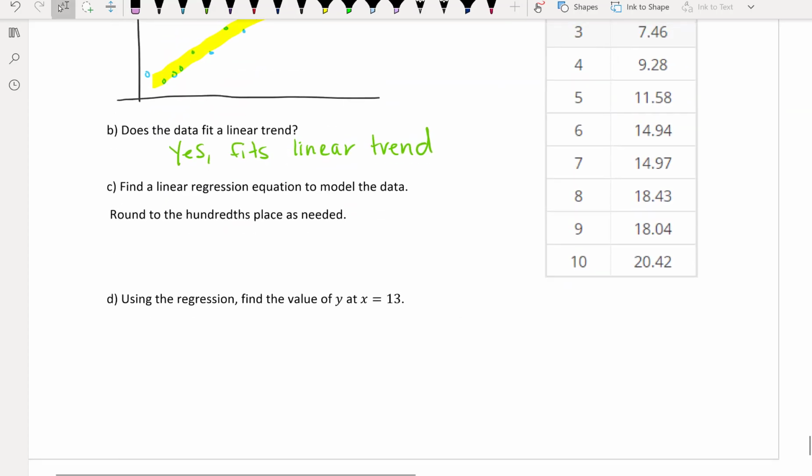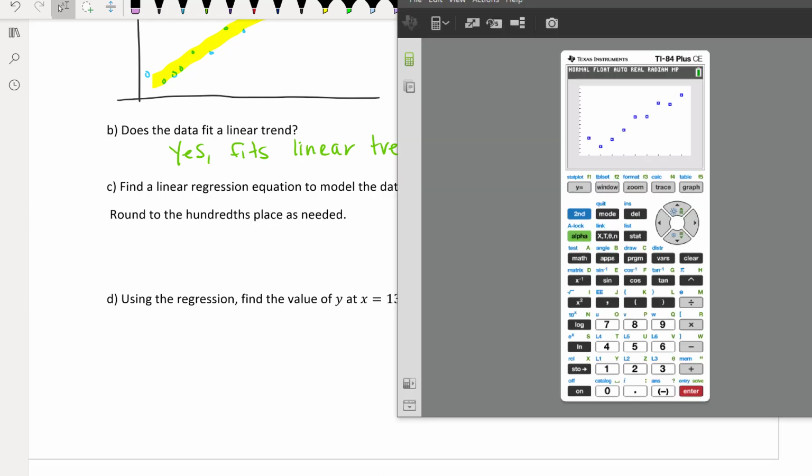And I also want to make sure that I get my linear regression. So on my calculator, I'm going to go back to Stat, Calculate, and I'm going to go down to my linear regression. So I press enter, press enter again, and I get that my slope is 1.61316666667, right?